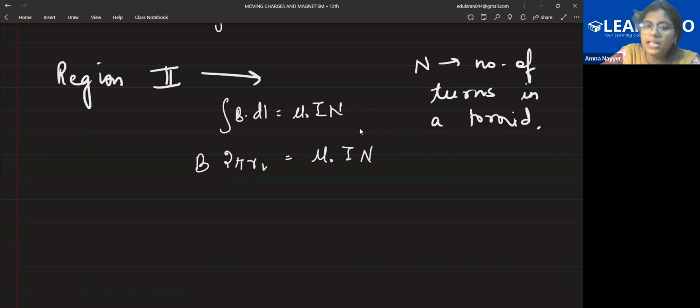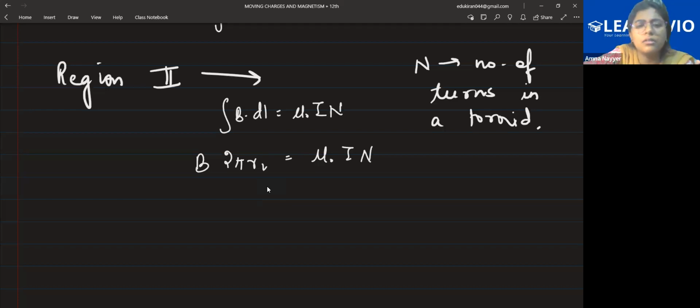Now dl gives B into 2 pi r2. When we are taking a single radius in the entire formula, B1 is 0, B3 is also 0. We are just left with B2. So is there a point of taking r1, r2, r3?